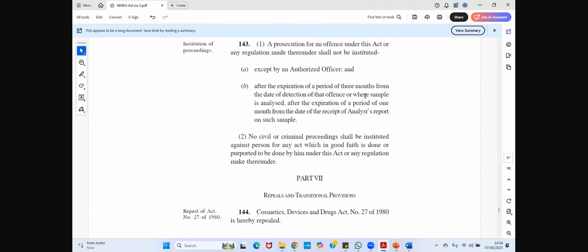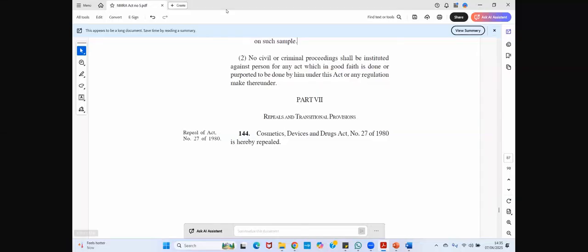So, institution of proceedings. A prosecution for an offence under this Act, or any regulation made thereunder, shall not be instituted except by an authorized officer and after the expiration period of 3 months from the date of detection of that offence, where the sample is analyzed, after the expiration period of 1 month from the date of receipt of the analyst report, right?